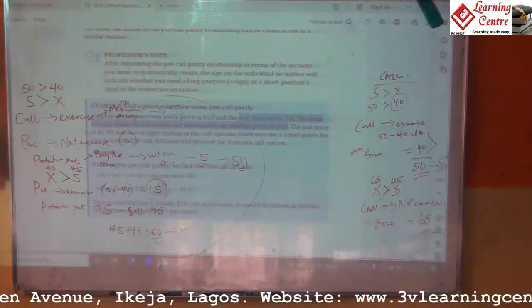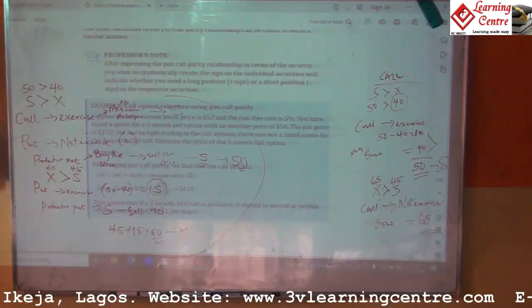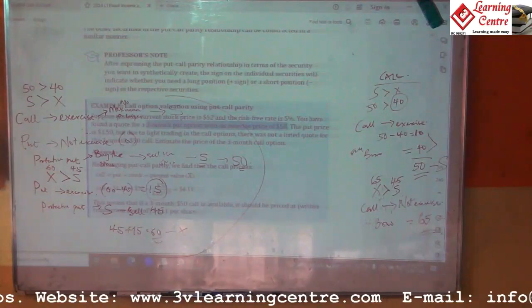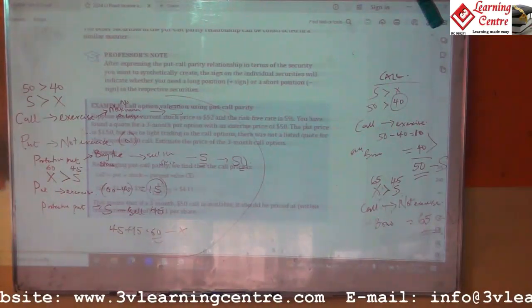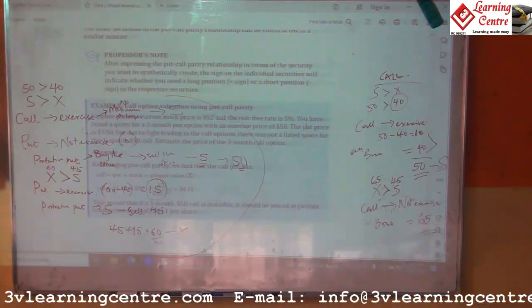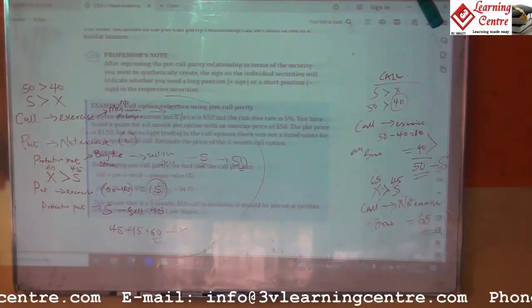Suppose that the current stock price is 52 and the risk-free rate is 5%. You have found a quote for a 3-month put option with an exercise price of 50. The put price is 1.5, but due to light trading in the call options, there was not a listed quote for the 3-month $50 call.